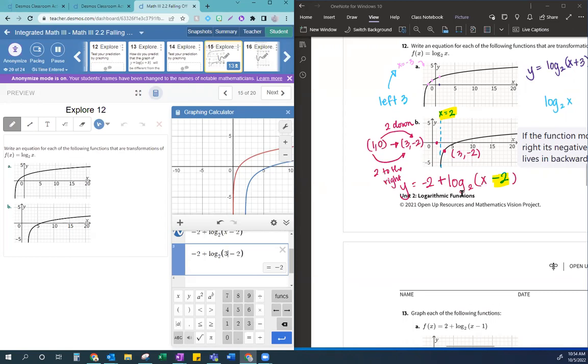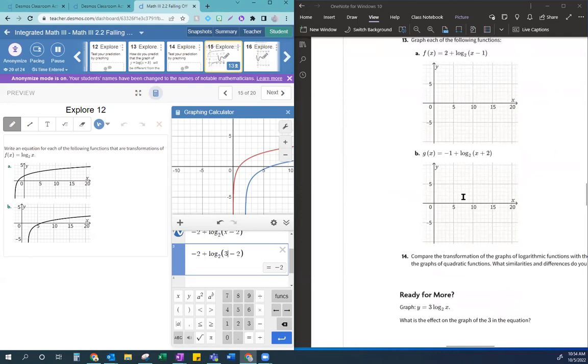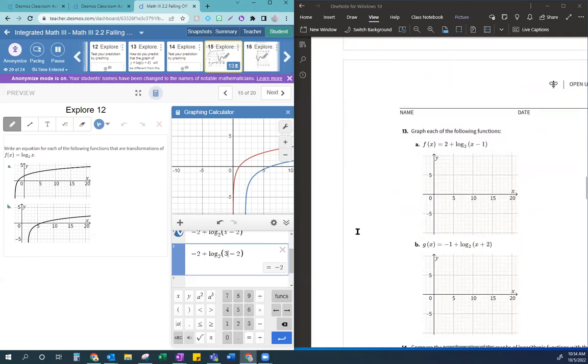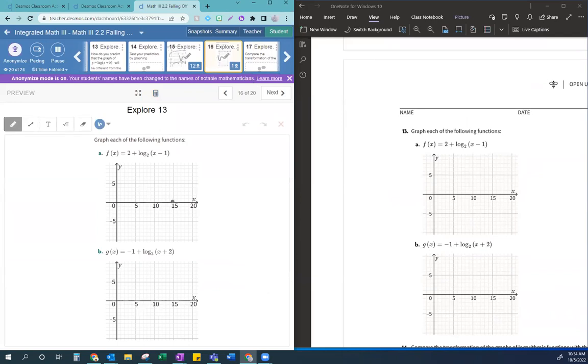Okay, questions on this one? Okay, perfect. So 13 and 14, are you actually graphing it? I know that we can actually use the calculator here, but the point is to understand the movement of these. So yes, you can use a calculator. Can you just guarantee something?